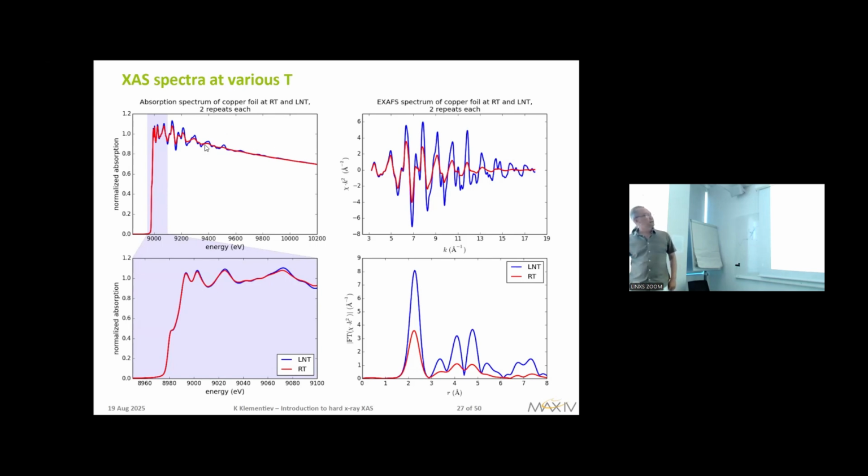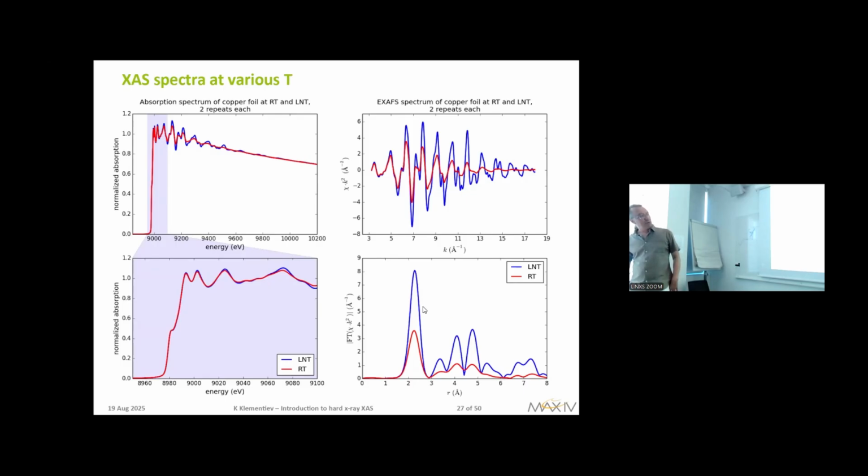Here I compare the copper foil spectrum at two different temperatures, room temperature and liquid nitrogen temperature. The edge itself basically doesn't change. But EXAFS does change. You see the blue amplitude is significantly stronger.